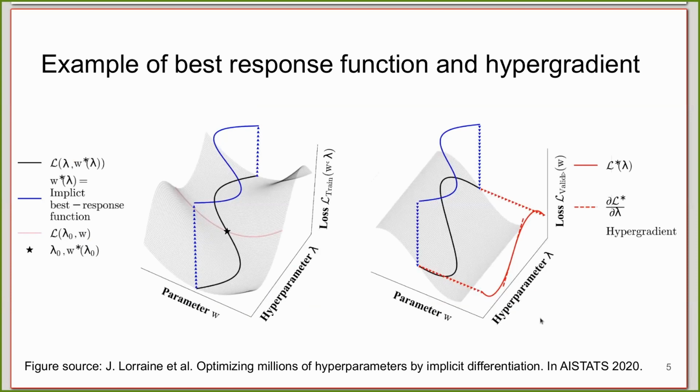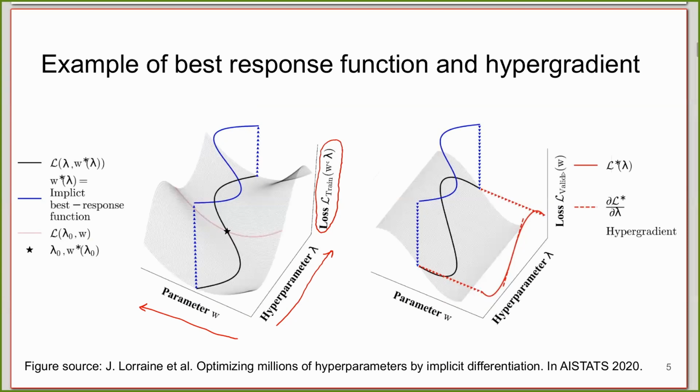No. Good. So this figure kind of illustrates what's going on here. We have some space of hyperparameters along this axis. This would be the axis of lambda, and this would be the axis of W. We're interested in optimizing this training loss, which would be the vertical axis here.